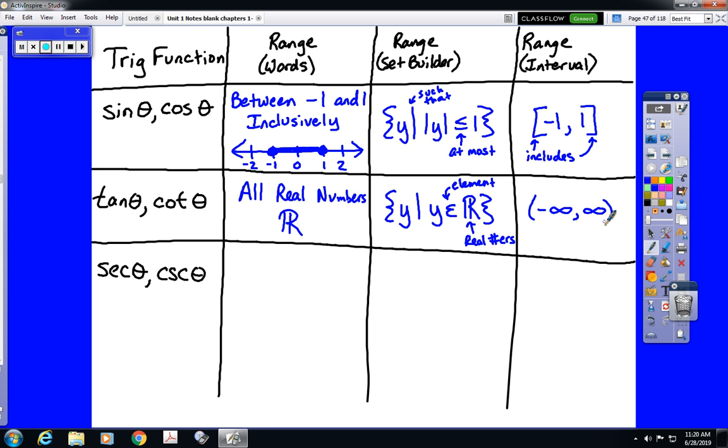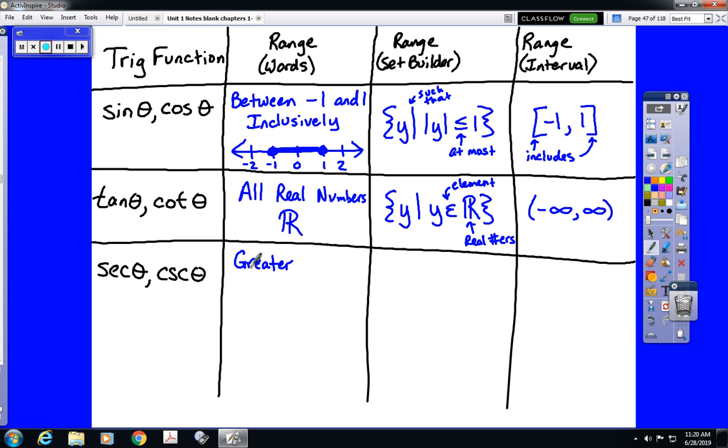Finally, secant and cosecant. Remember that secant and cosecant are the reciprocals of cosine and sine, respectively. So if sine and cosine have to be between -1 and 1, secant and cosecant would be outside of -1 and 1. So this is a little bit harder to write in words.